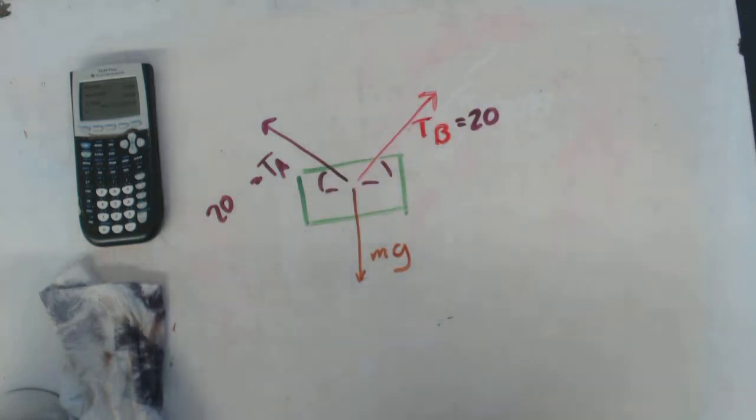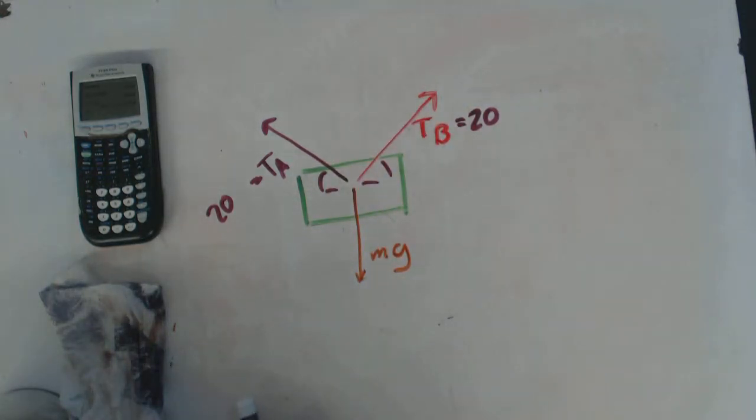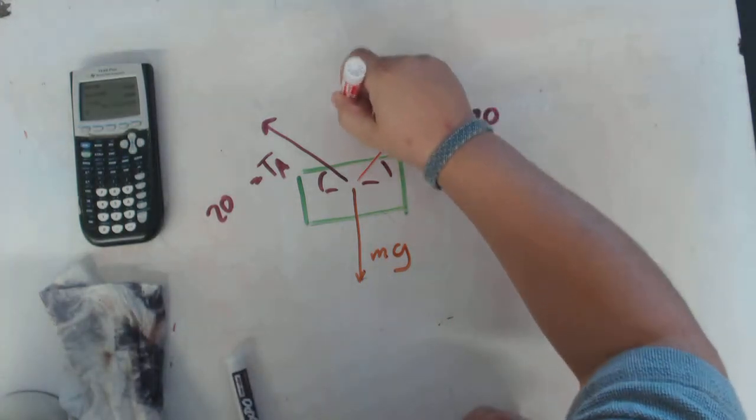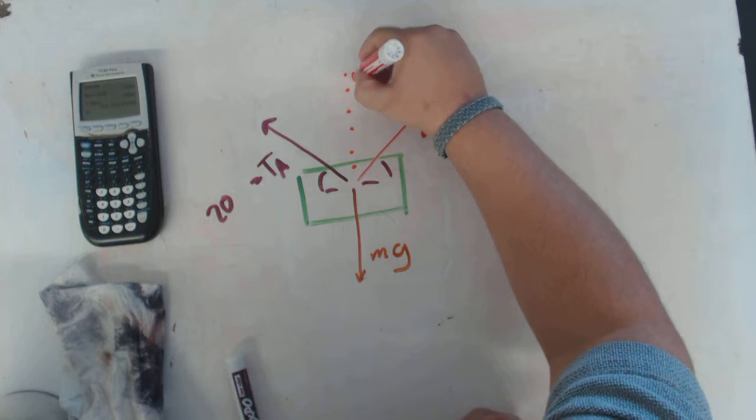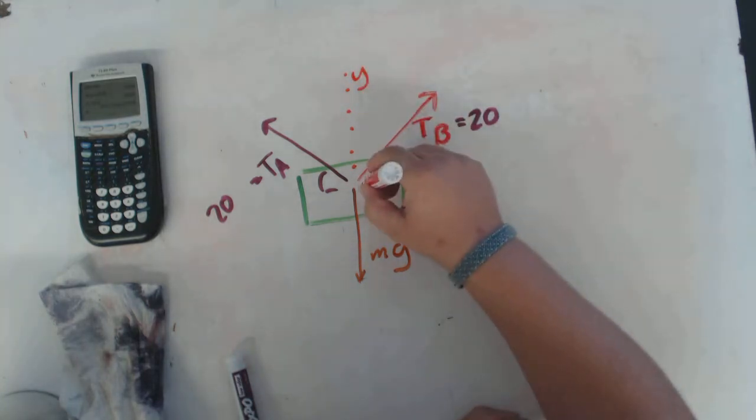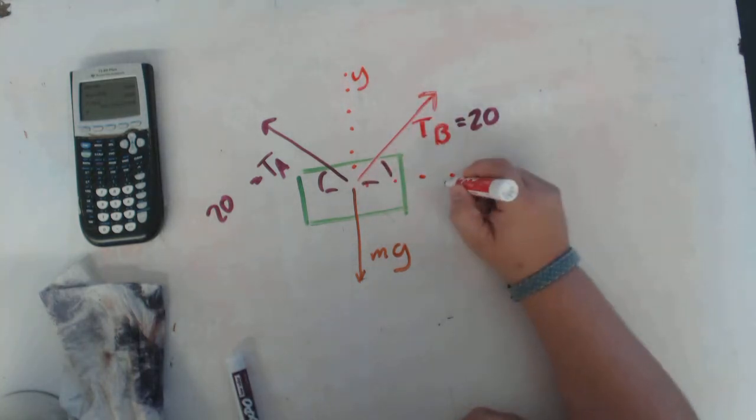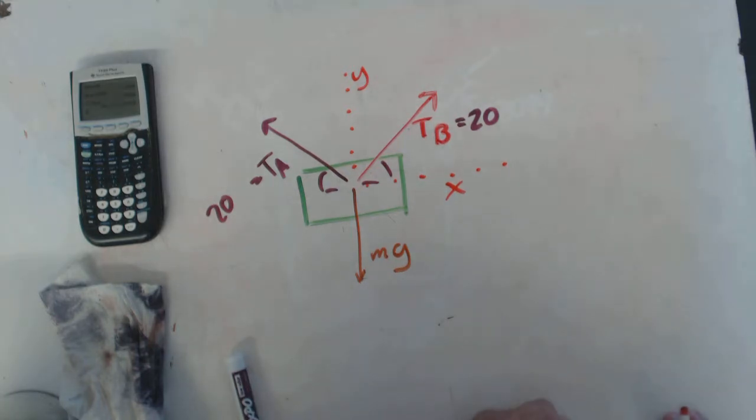So my coordinate system that I'm going to create is going to look like this. Here's my y, and here's my x. Okay? So everything up is going to be a positive value, and everything to the right is going to be a positive value in the x.